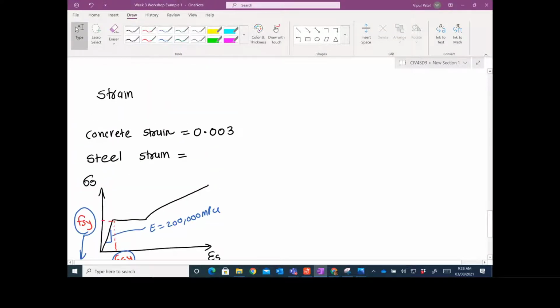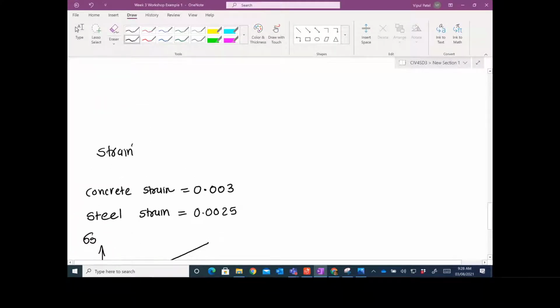So you got this strain, which is yield strain 0.0025, right? So from the strain, you can get the stress, right? How are you going to get the stress? For concrete stress, you have alpha 2 FC dash, and for steel you have FSY.